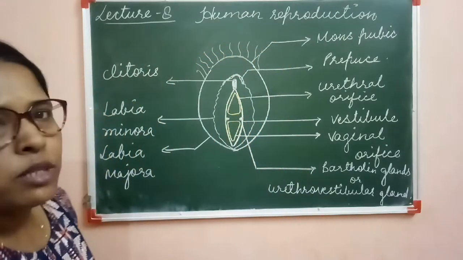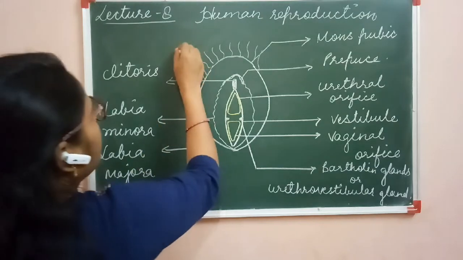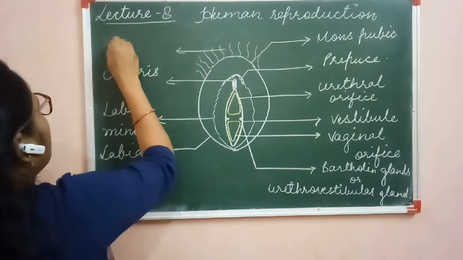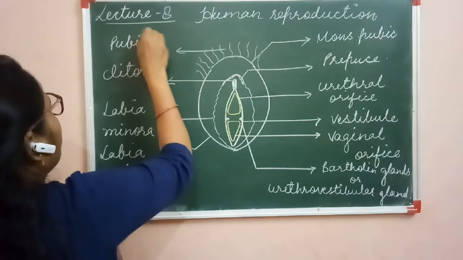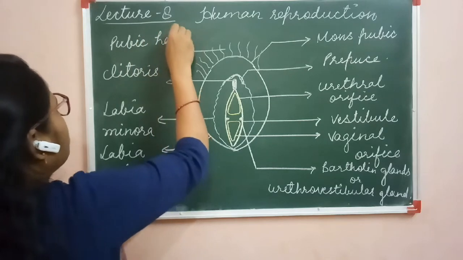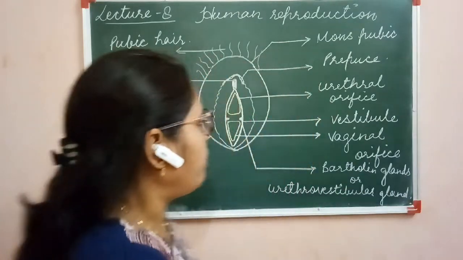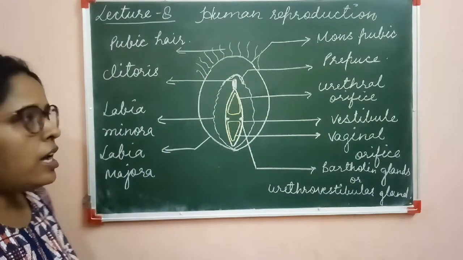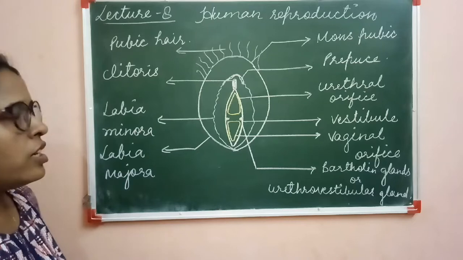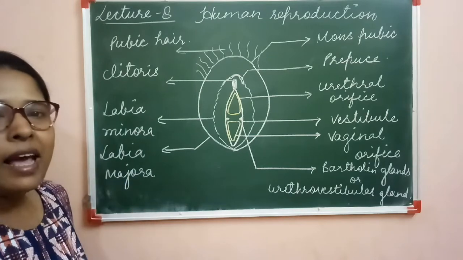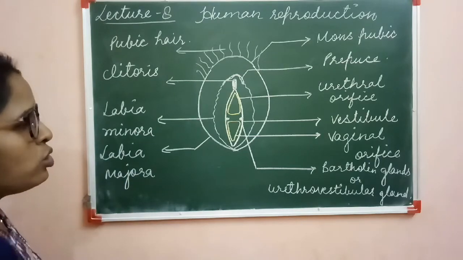The pubic hairs are present on the mons pubis, which is a cushion-like structure on the upper side of the labia majora. Clear? So this is the structure of the female external genitalia, called the vulva.